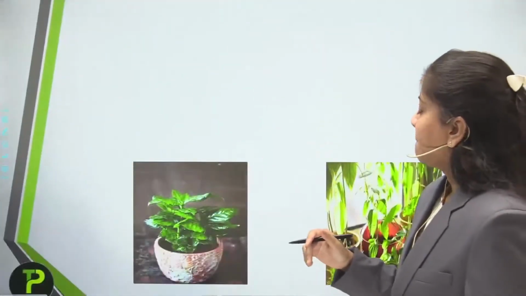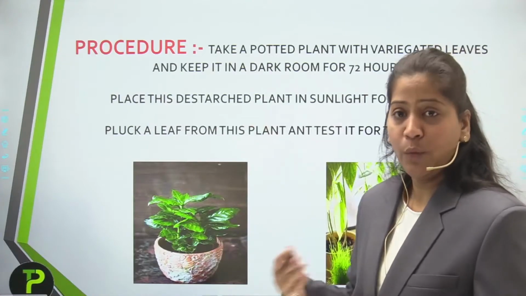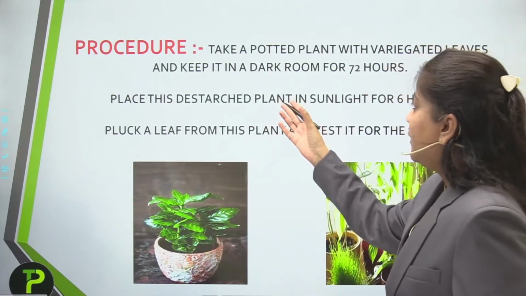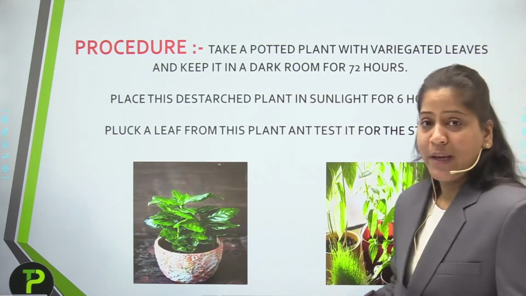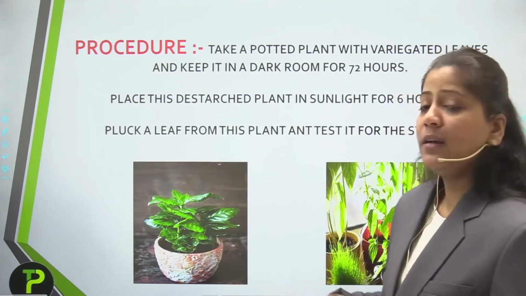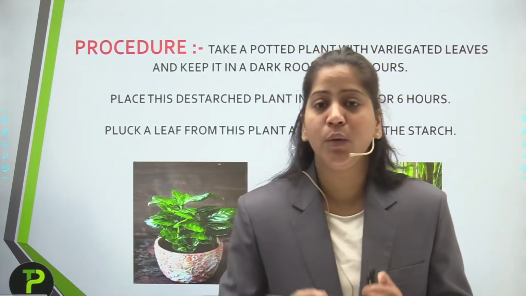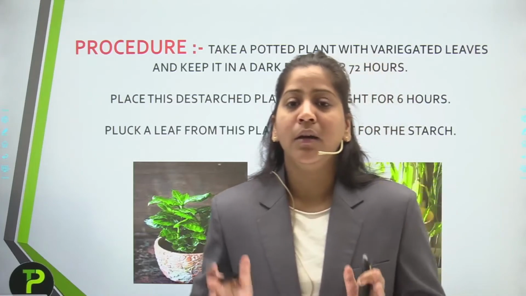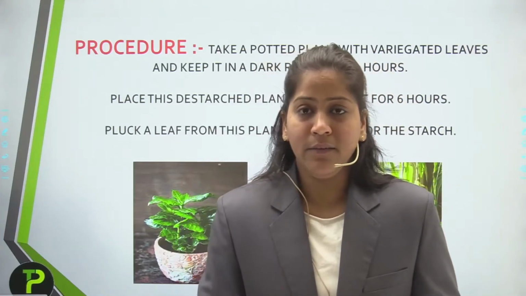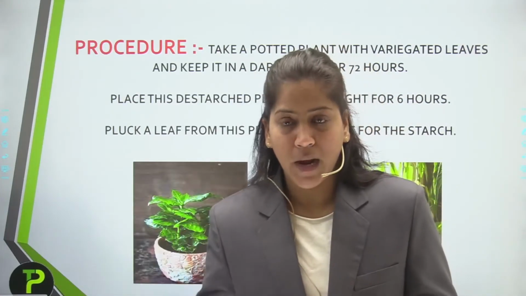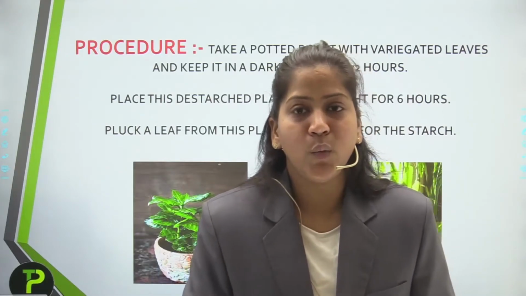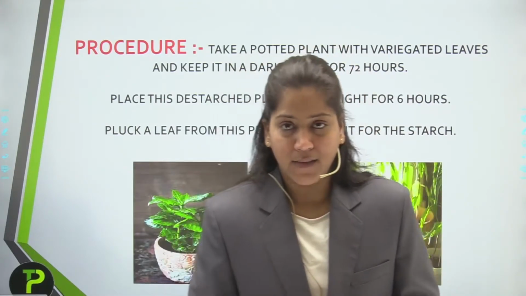Next is the procedure, how we do this activity. We take a potted plant with variegated leaves and keep it in a dark room for 72 hours, or 3 days.